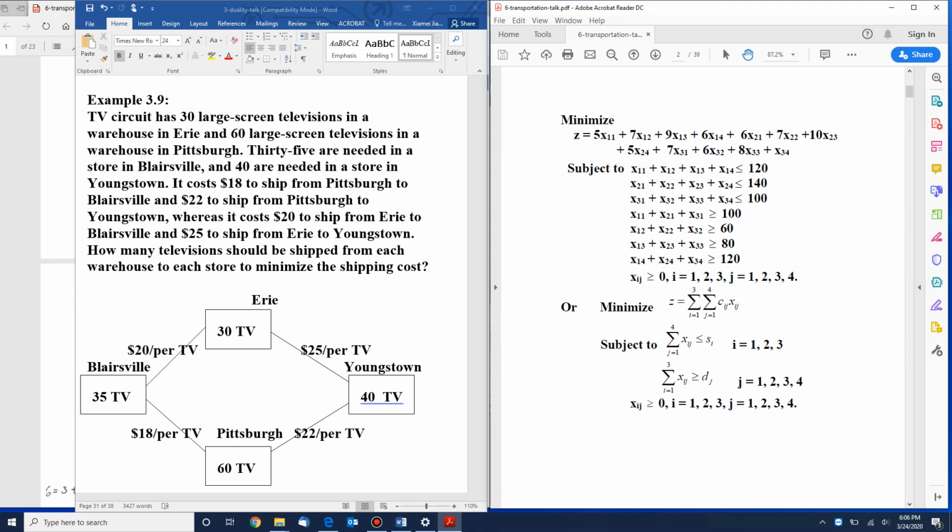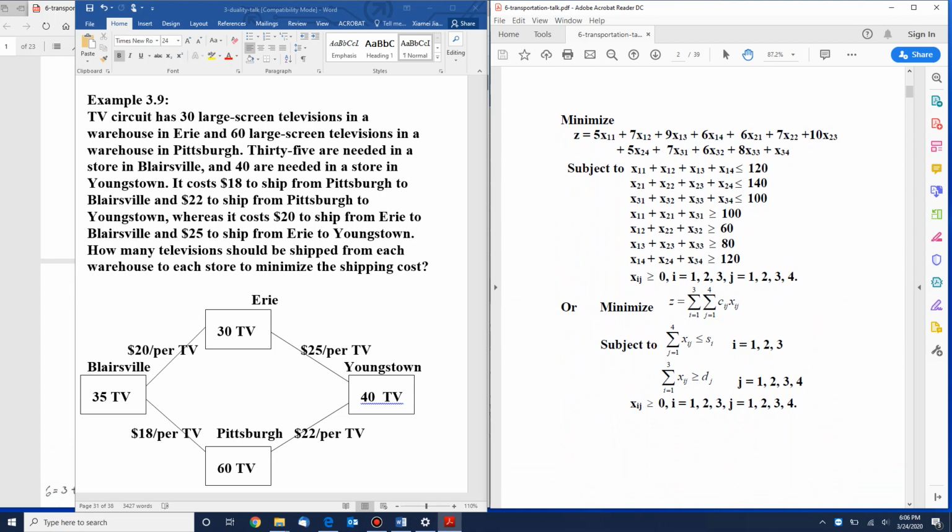And here we have 3 sources and 4 markets. You could see that we have 12 variables for the LP problem. And it is a minimization problem, and we have 3 supply constraints and 4 demand constraints.